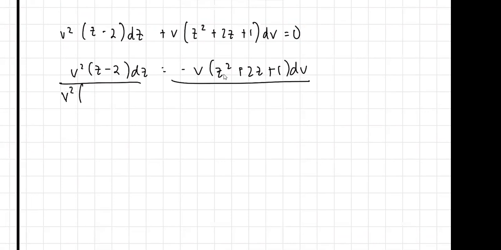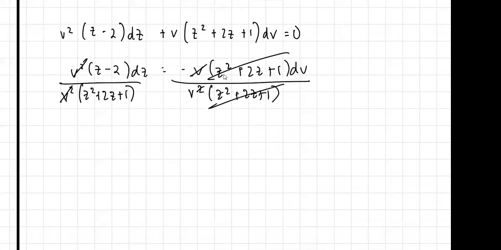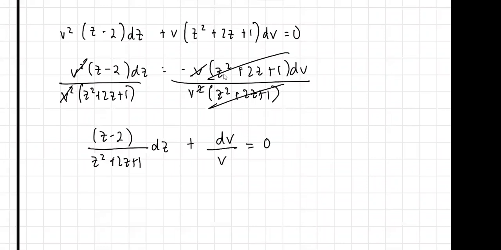So we divide by v squared and by z squared plus 2z plus 1. So the v squared cancels out, and so does the v below. So we have z minus 2 over z squared plus 2z plus 1 dz. Going back to the left side, plus dv over v equals 0.